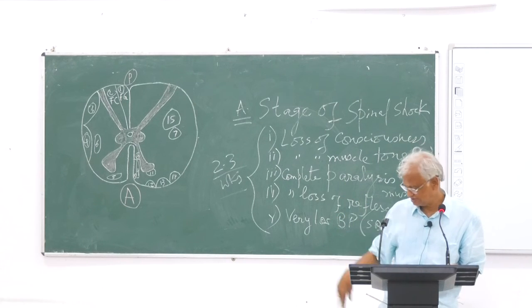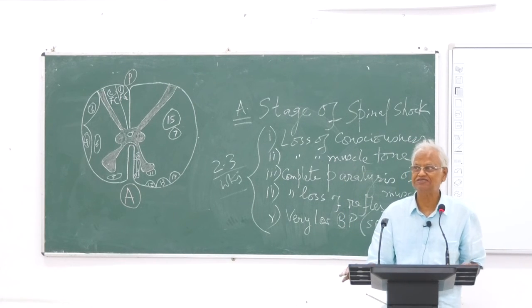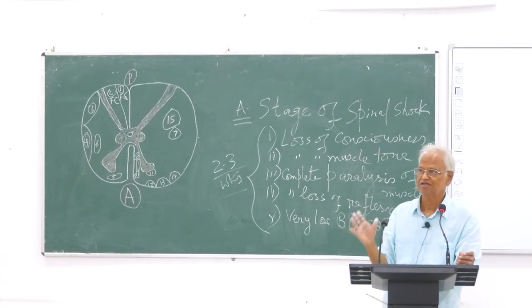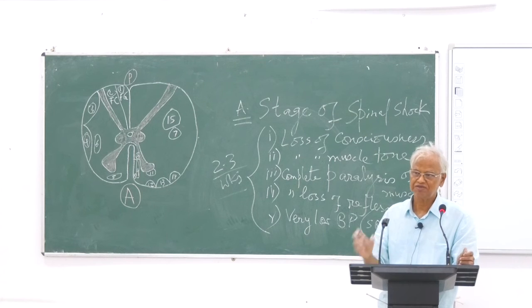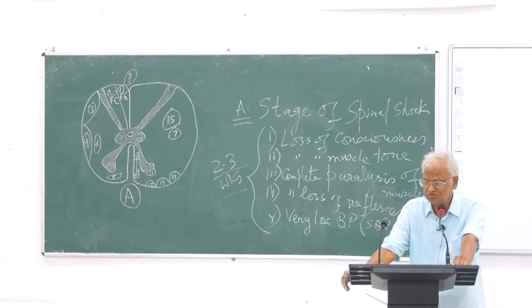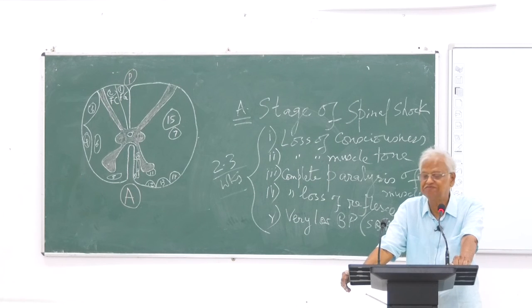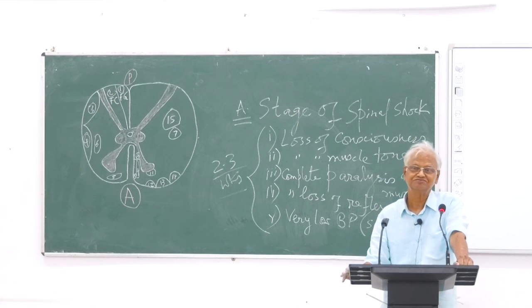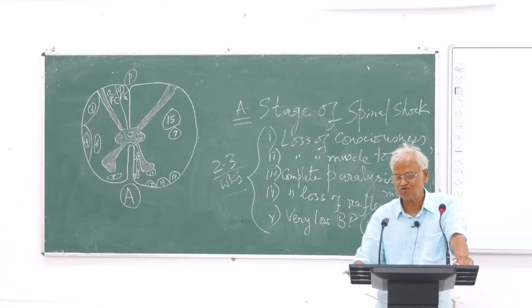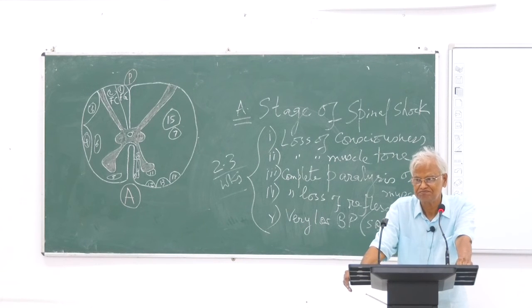So in upper and in lower, all these places, particularly where the injury has occurred, below that, the interneurons usually send inhibitory impulses. So their inhibitory impulses will be activated. So more inhibitory impulses, that will cause more loss of tone, more loss of reflexes, more paralysis, more loss of muscle contracting ability, more loss of blood, lowering of blood pressure, etc., etc.